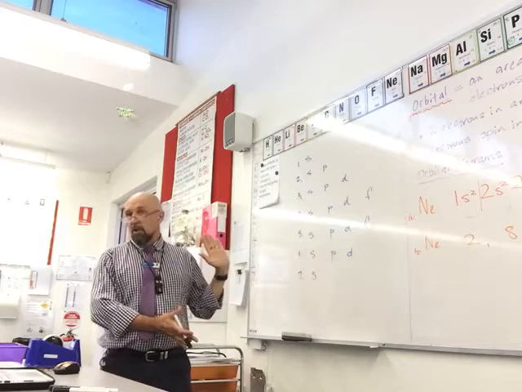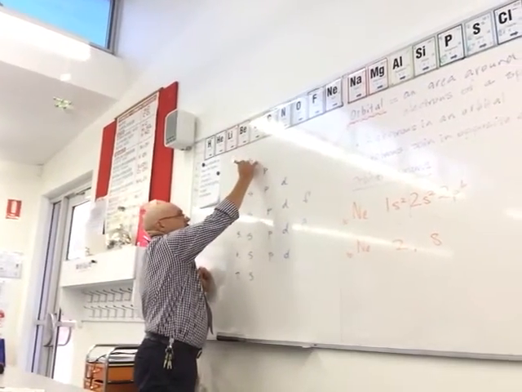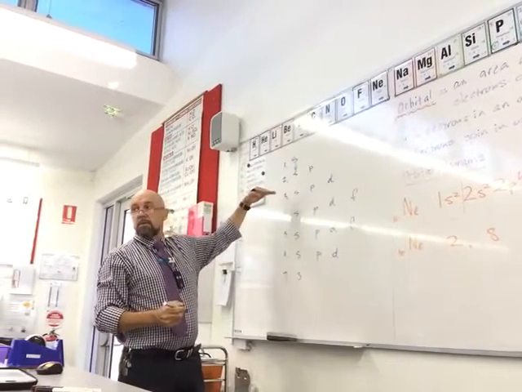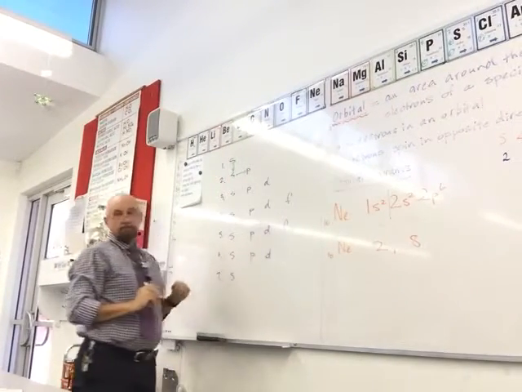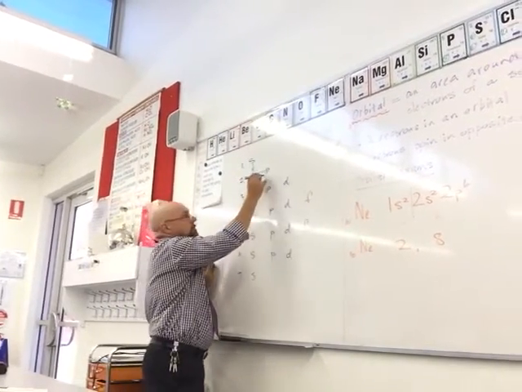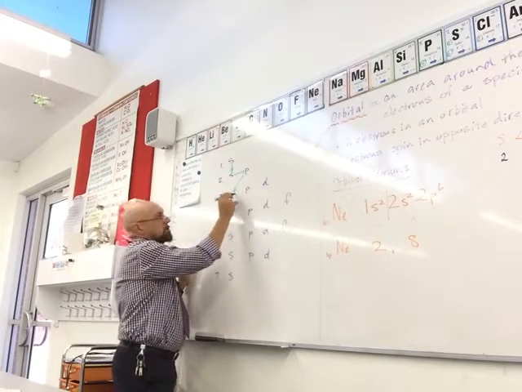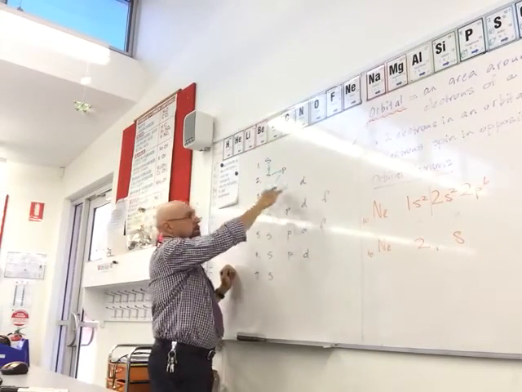Okay? So, why do you know the sequence of orbitals? It goes like this. 1s is the first orbital, 2s is the next energy up. Then it goes to p, and then it goes over to 3s, and it goes to 3p, that's still in shell 3.